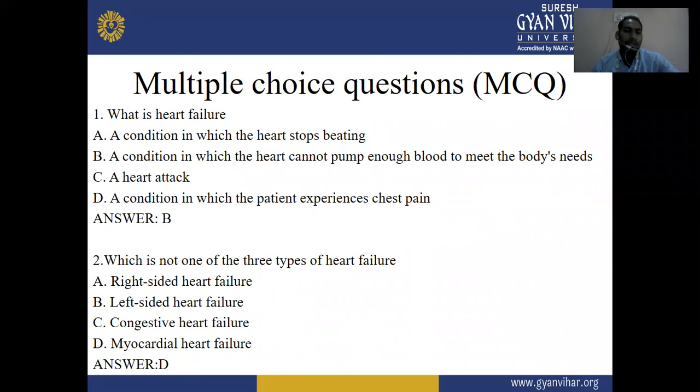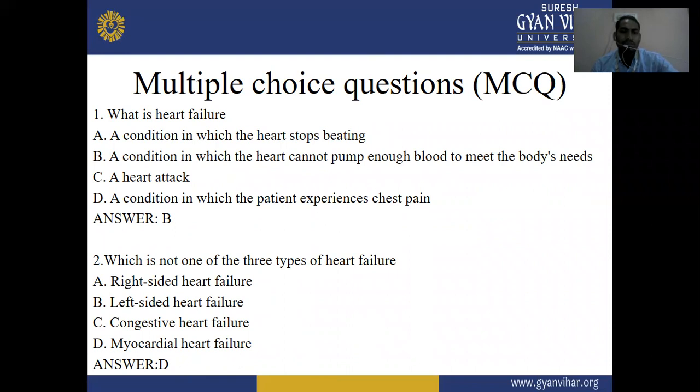What is heart failure? Option A is a condition in which the heart stops beating. Option B is a condition in which the heart cannot pump enough blood to meet the body's needs. Option C is a heart attack. Option D is a condition in which the patient experiences chest pain.